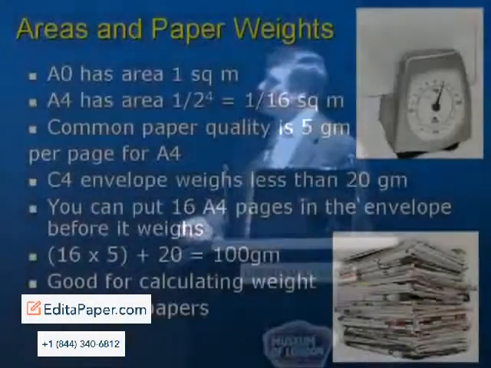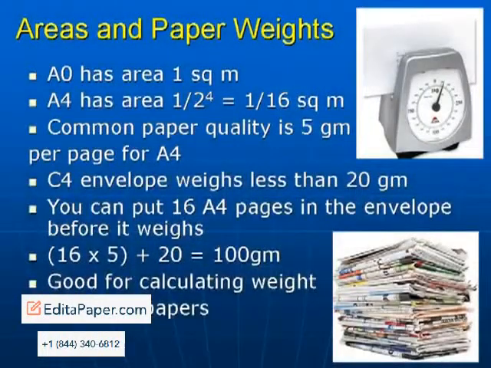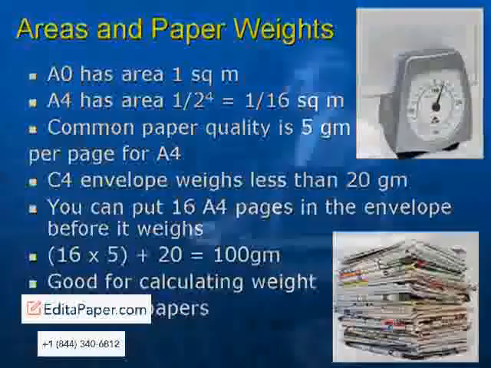If you have 16 pages at 5 grams a page plus 20 for the envelope, that's 100 grams. So this is a good rule of thumb: you can put 16 sheets in that C4 envelope before you go over the limit.